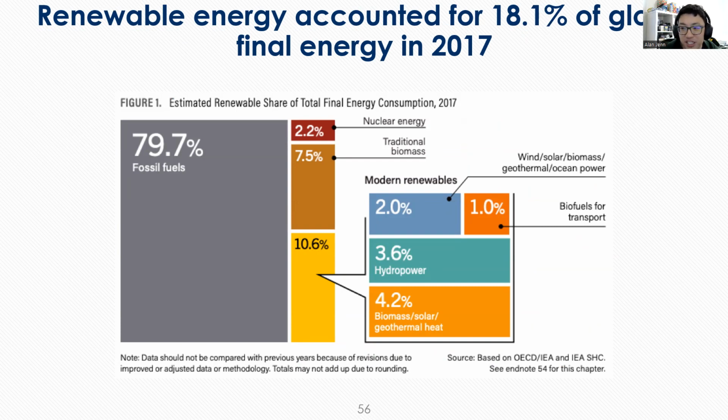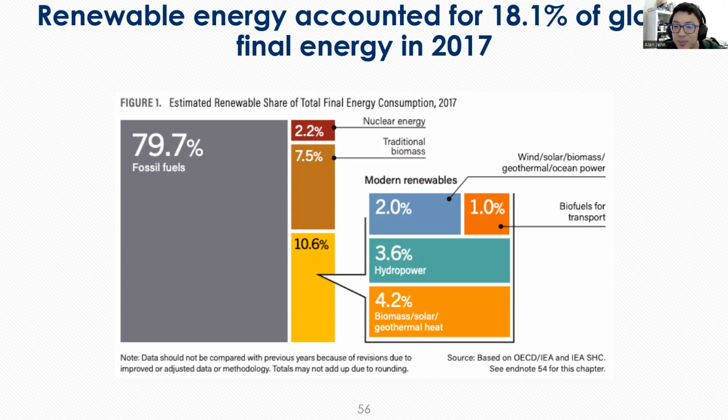So renewable energy accounted for a little less than a fifth of global final energy in 2017. And that breakdown looks something like this. Although, I should actually say renewables is 10.6%.